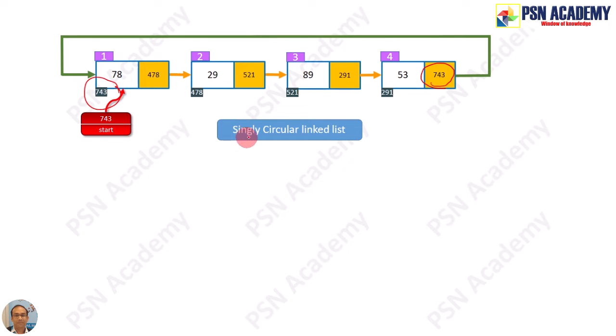And this is singly circular linked list. The only difference between the conventional linked list and circular linked list is that the last node will be pointing back to the first node.